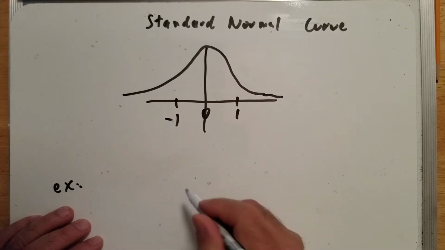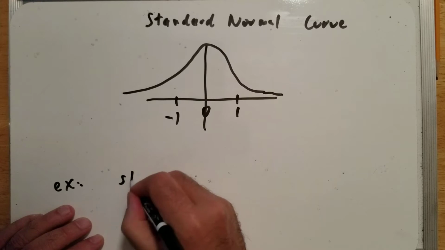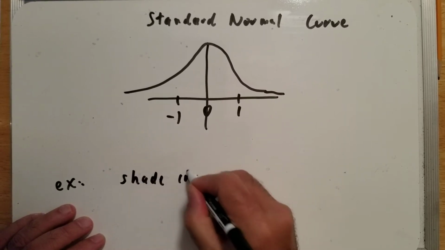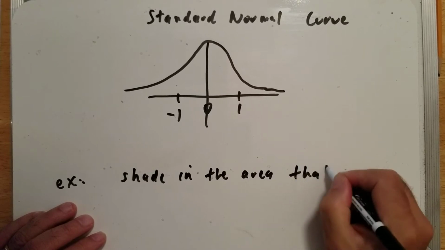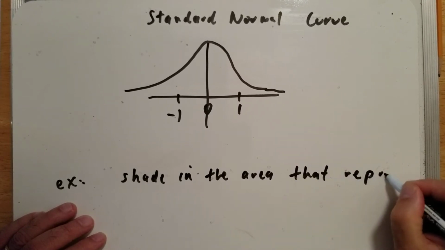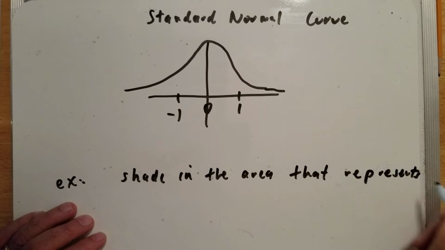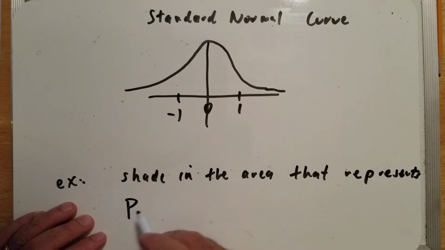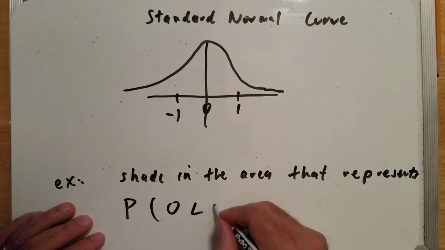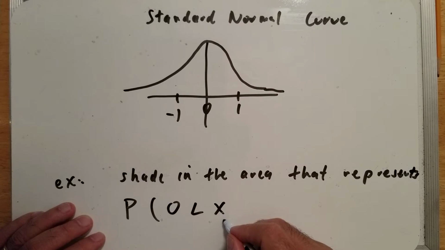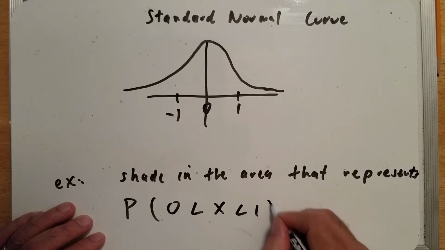So for an example, shade in the area that represents the probability, and I'm using this capital letter P standing for probability. Say that 0 is less than x, x is the standard normal random variable, is less than 1.